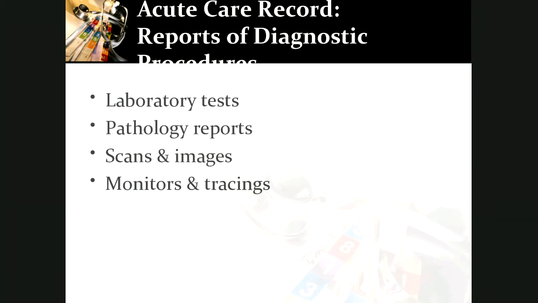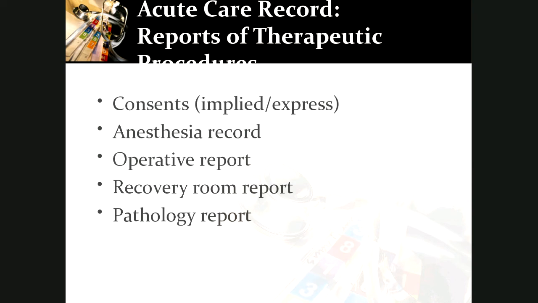Next slide. Consents. They can be implied or expressed. We have anesthesia records if anesthesia was given, right? These are reports of therapeutic procedures, okay? There's always a consent. If any type of anesthesia was given, there's going to be an anesthesia record. There's going to be an op report or report from the procedure, okay?